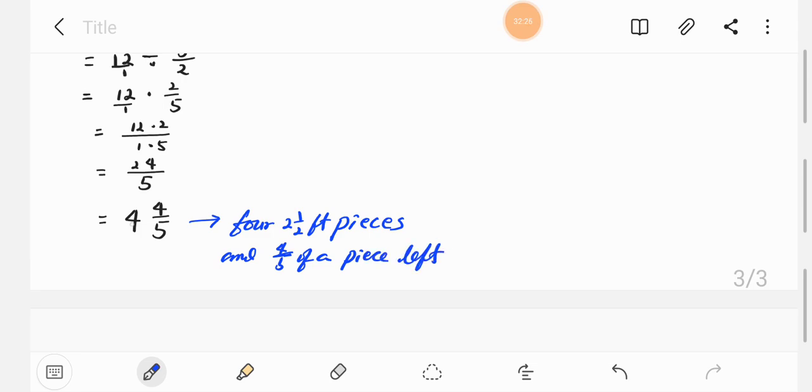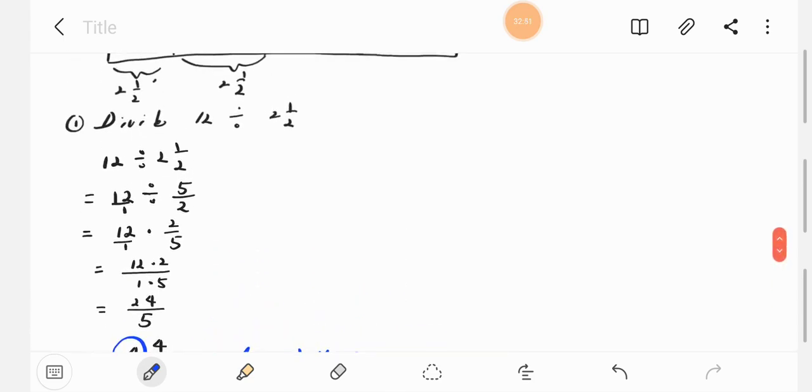Make sense? So there are 4 pieces, and the 4 over 5 is not 1 piece, a little bit short, right? So 4 over 5 means 4/5 of 1 piece. What's the size of this piece? 2.5 feet, right? So look at this. For the length, let me write it here.